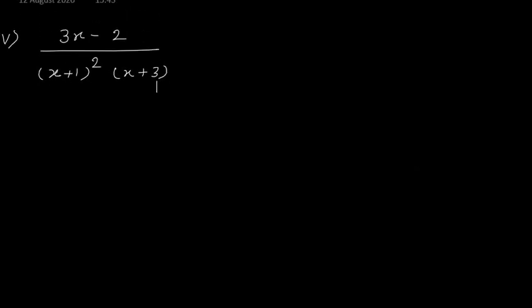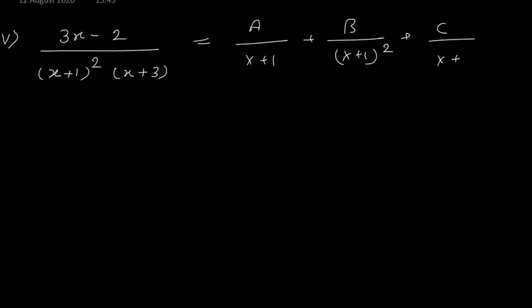Now here the denominator has x plus 1, this is a linear factor but it is repeating. So as it is repeating, we are going to say that this is equal to A upon x plus 1 plus B upon x plus 1 the whole square plus C upon x plus 3.